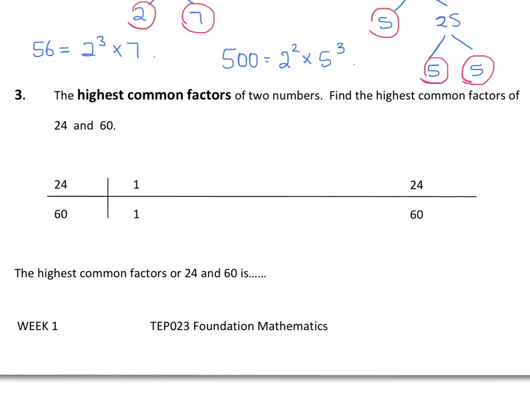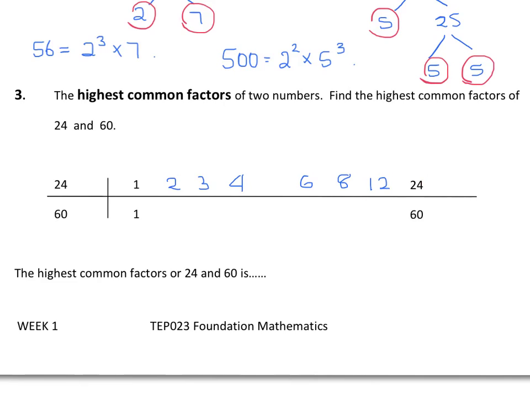Looking at the next prime number, which is 2, it's equal to 2 times 12. The next prime is 3. 3 divides into 24. 3 times 8 is equal to 24. 4 divides into 24. 4 times 6 is equal to 24. So what I have written along the top line here are all the possible factors of 24.